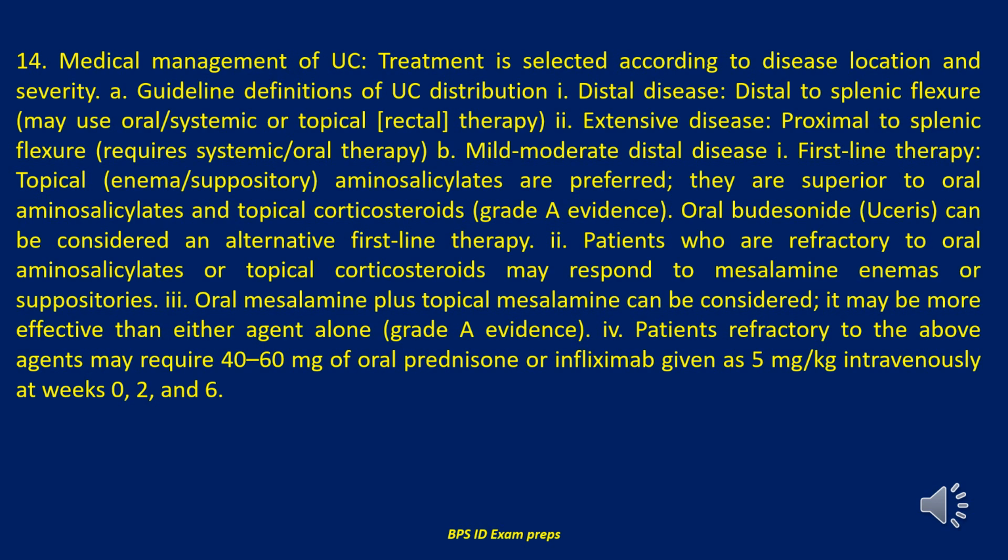Patients who are refractory to oral aminosalicylates or topical corticosteroids may respond to mesalamine enemas or suppositories. 3. Oral mesalamine plus topical mesalamine can be considered. It may be more effective than either agent alone. This is a greater evidence. 4. Patients refractory to the above agents may require 40 to 60 mg of oral prednisone or infliximab given as 5 mg per kilogram intravenously at weeks 0, 2, and 6.